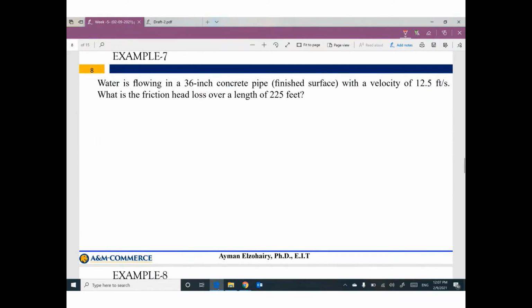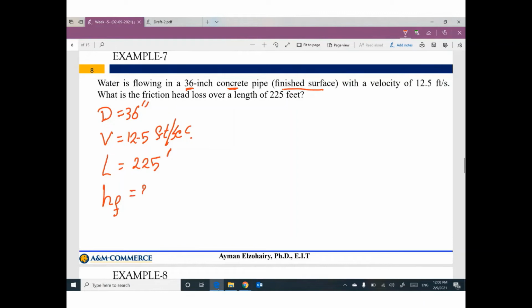This pipe has a diameter equal to 36 inch, made from concrete with finished surface, with a velocity in this pipe equal to 12.5 feet per second. What is the friction head loss over the length of the pipe, with length equal to 225 feet? What is the friction head loss?